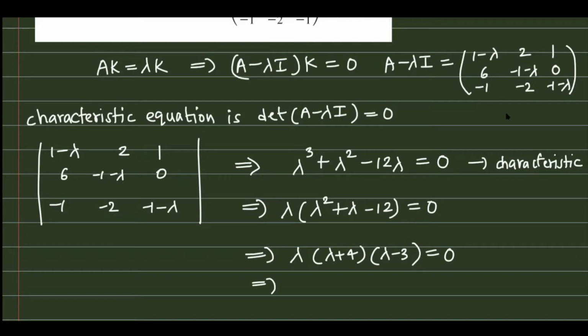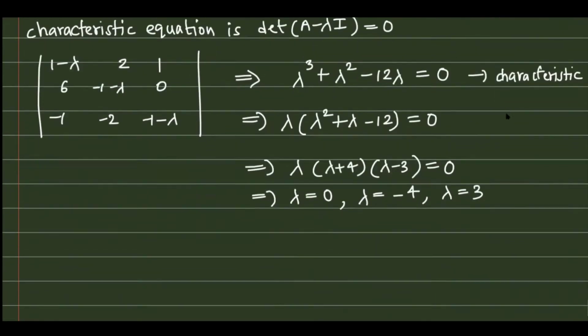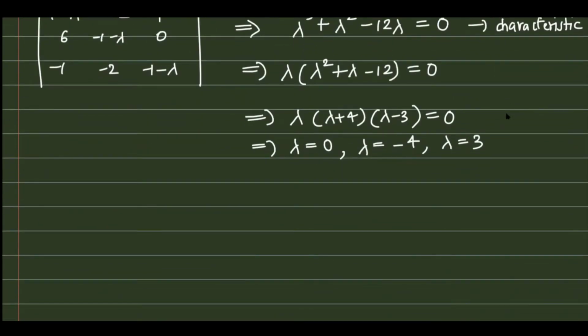So this implies that either lambda can be 0, lambda can be minus 4, or lambda equal to 3. So we got 3 distinct eigenvalues. So these are the eigenvalues.